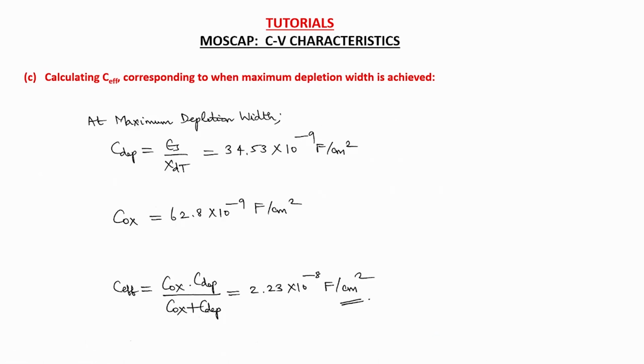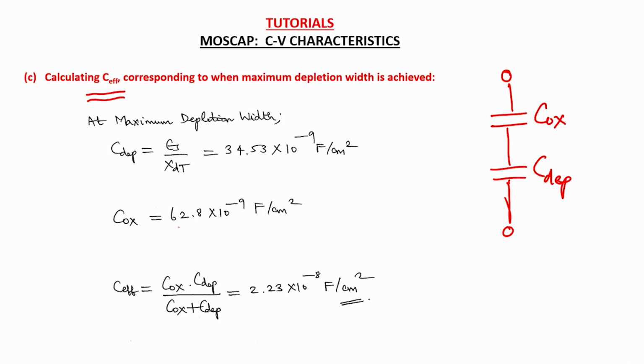And in the last part of the question, you are asked to calculate the effective capacitance, C effective, corresponding to when maximum depletion width is achieved. When you recollect your MOS capacitor, you can see that it is a series combination of 2 capacitances, Cox and C depletion. So these 2 capacitors come together in series in a MOS capacitor.